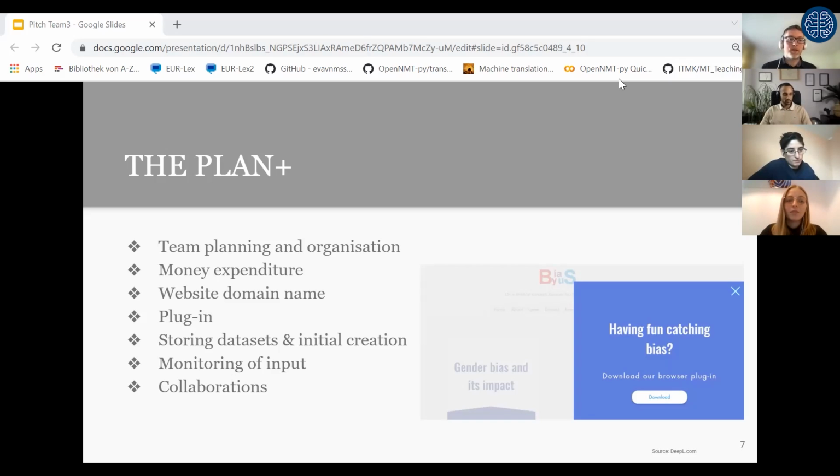So we also have an outline of what we wish to spend the money on that we have been made available. For example, to buy a website domain name, to get technical expertise to work on this plugin, and also to store data sets, because if we start creating these huge data sets, hopefully with millions of entries, then we need to store that somewhere in the cloud.